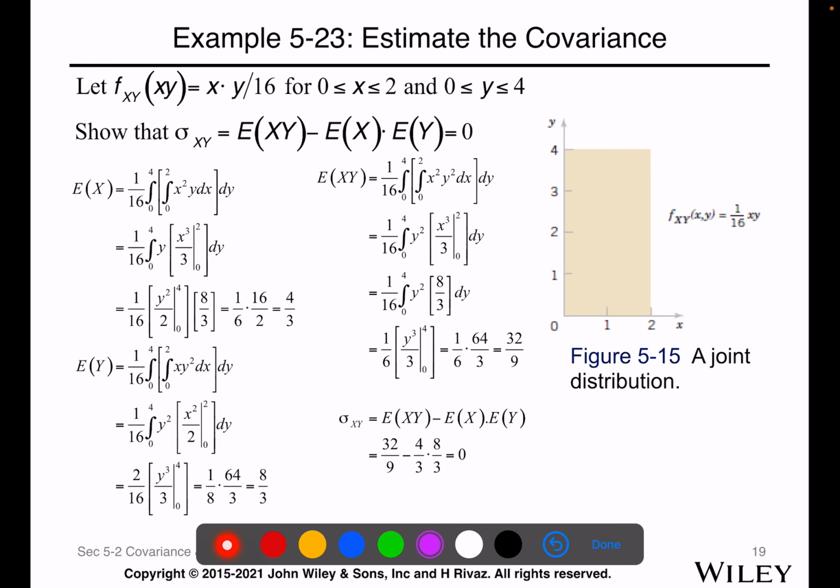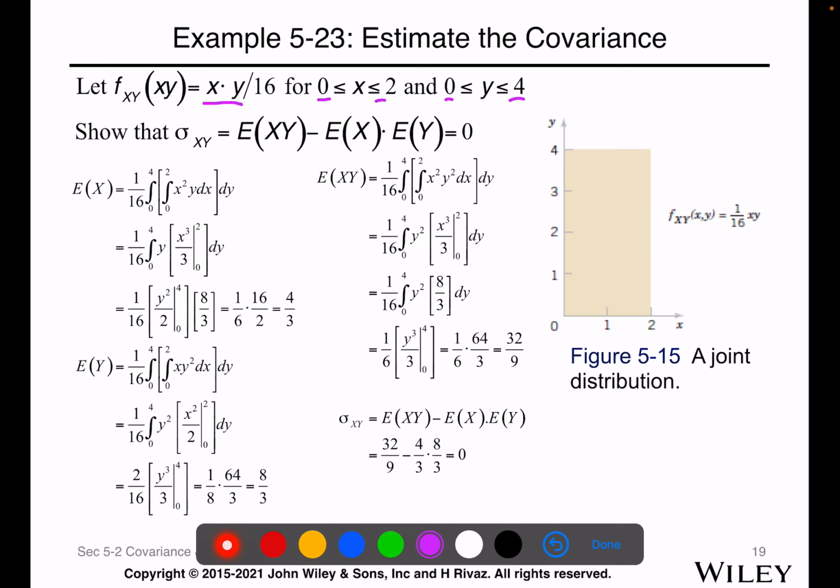All right, so let's try to do an example, right? Here we have a joint PDF, right? The PDF here is simpler than the other PDFs that we saw before. It's just x times y. And the region is also an easy region. It's x between 0 to 2, and y is between 0 to 4, right?